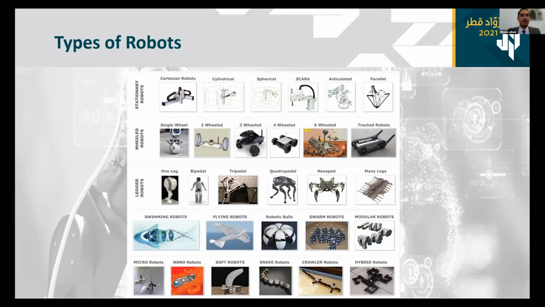And we have the spherical robot, which can cover a spherical environment. The SCARA manipulator is basically used mostly for pick and place activities. And we have articulated robots, meaning robots with five axes and above. These are used for welding activity and especially in automation.